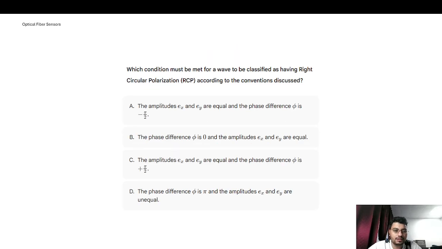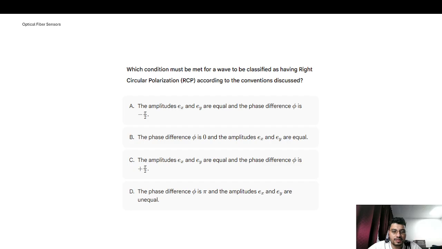The next question: which condition must be met for a wave to be classified as having right circular polarized light (RCP) according to the conventions discussed? Option A: the amplitudes Ex and Ey are equal and the phase difference phi is minus pi by 2.